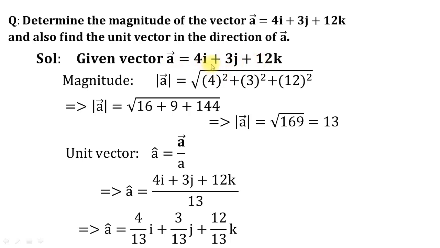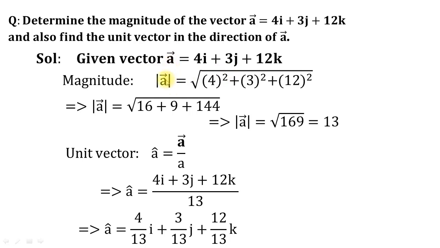Now how to find the magnitude of a vector? The square root of the sum of the squares of the components of a vector is equal to the magnitude of that vector.